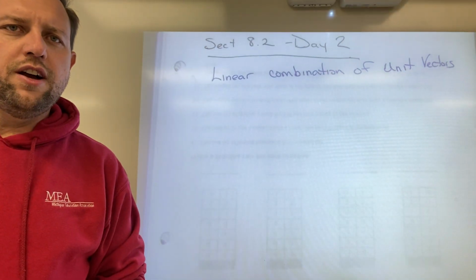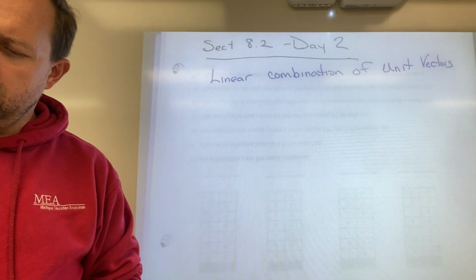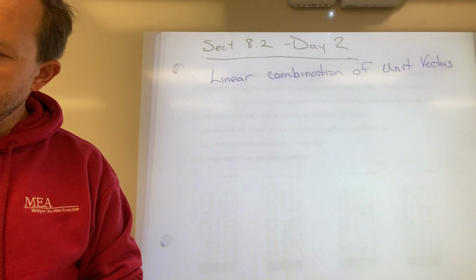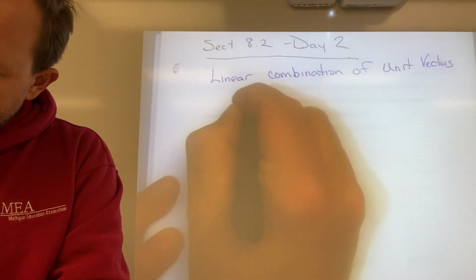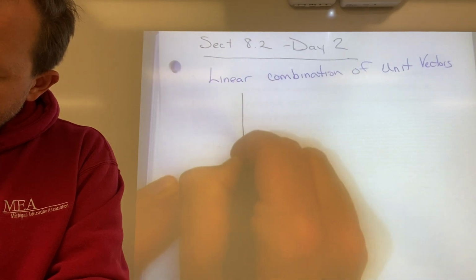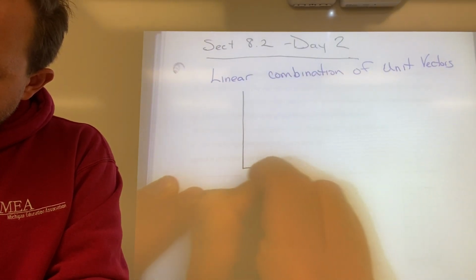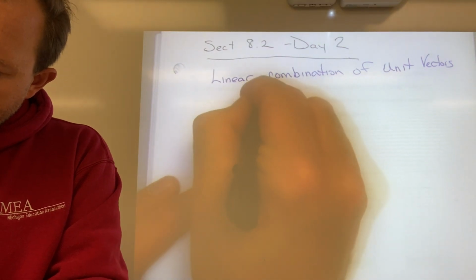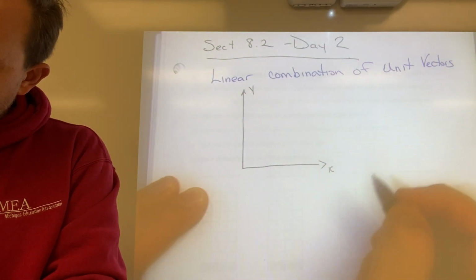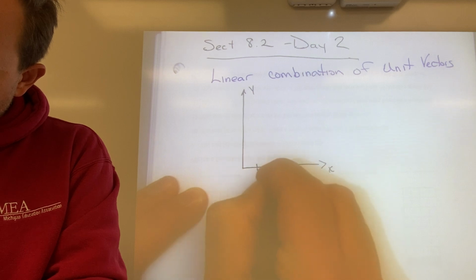Okay, we're going to finish off day 2 of section 8 with the linear combination of unit vectors. So I'm going to draw a first quadrant, y, x, and I'm going to put some equal tick marks out.